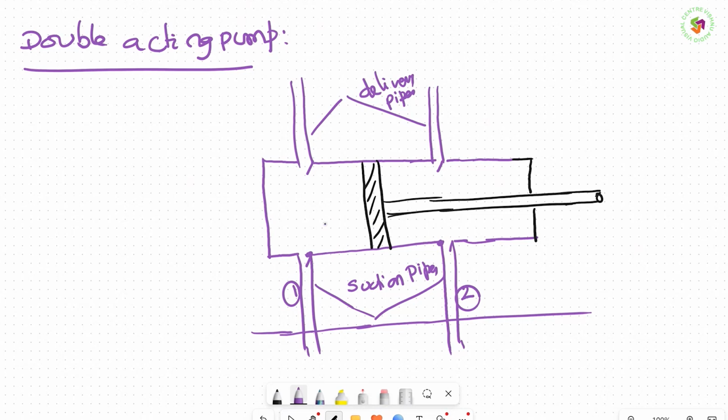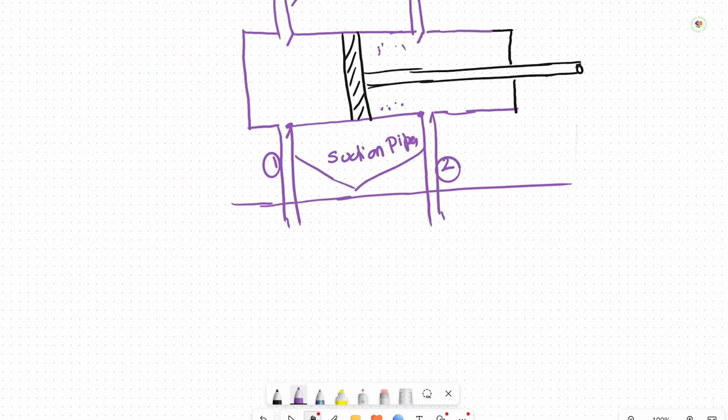When it is pushed forwards, on the other side there is a suction pipe, so automatically a partial vacuum forms here and the liquid is sucked on this side. Now when the piston moves back, the fluid is discharged. Now let me draw how it flows.